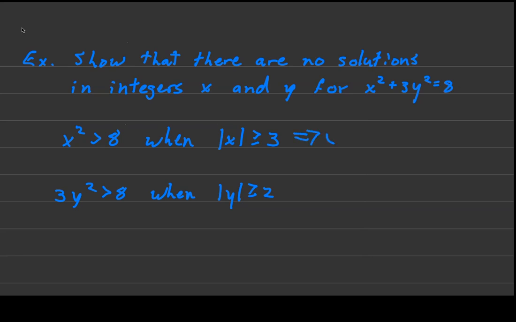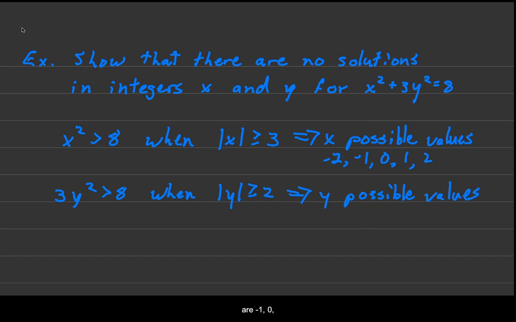Therefore, the possible values for x are left with -2, -1, 0, 1, or 2. And the possible values for y are -1, 0, and 1.